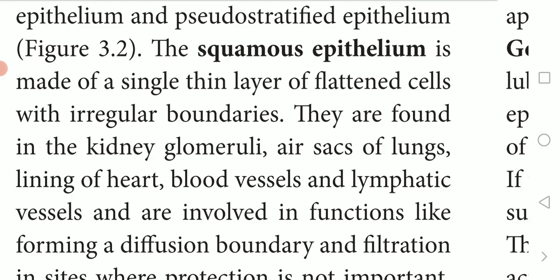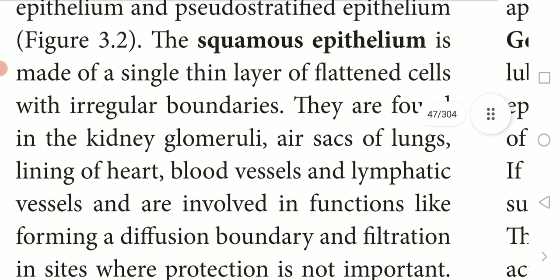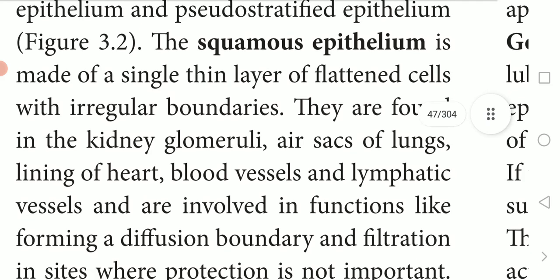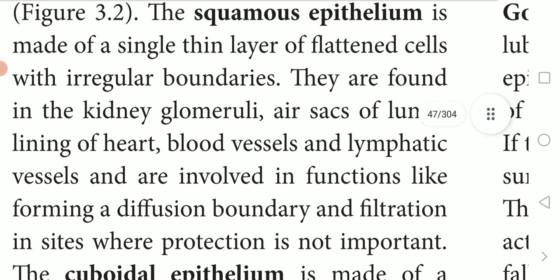In the kidney, there is a part we call the glomeruli, present in the anterior region of the nephron. In that glomeruli, the squamous epithelium cells are present. The squamous epithelium is also present in the air sacs of the lungs, and in the lining of the heart, blood vessels, and lymphatic vessels.